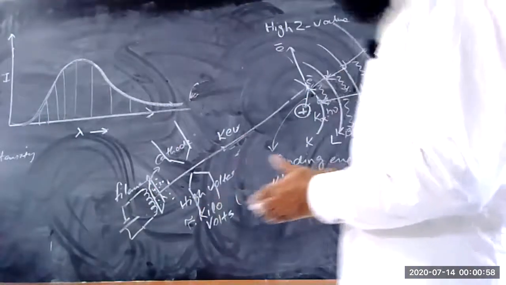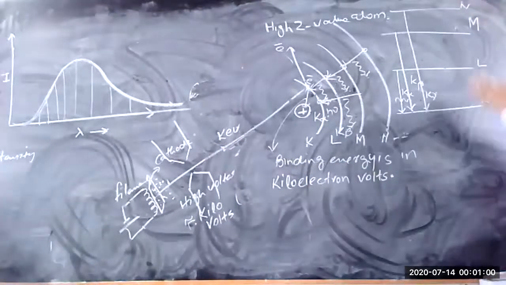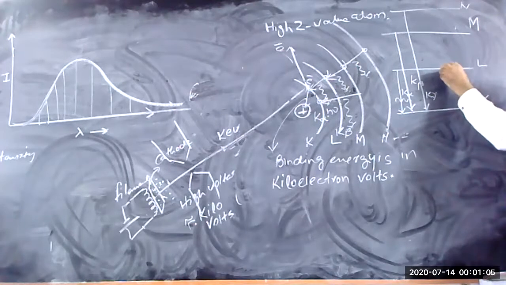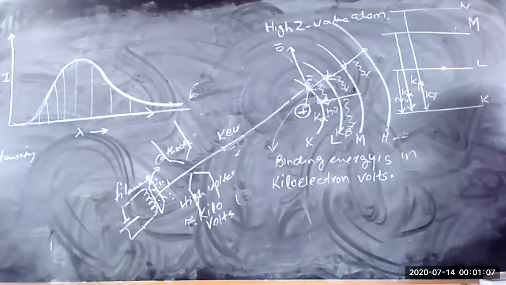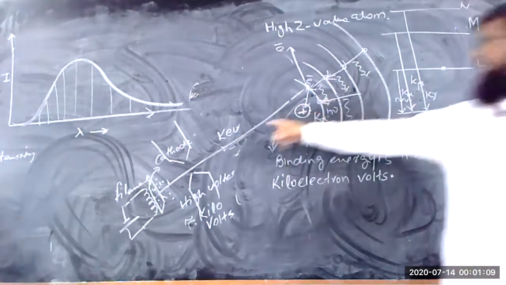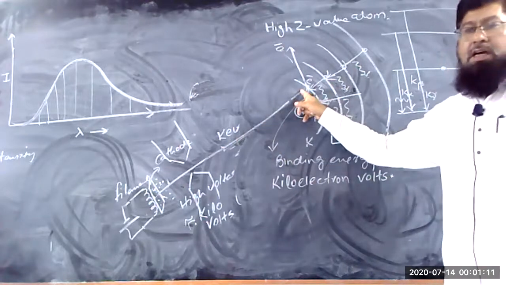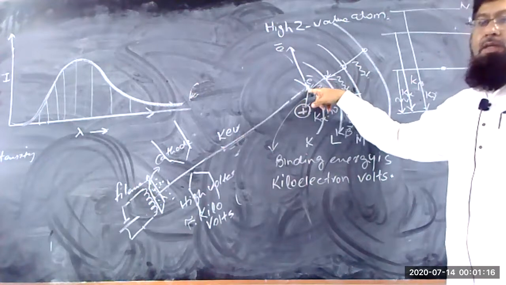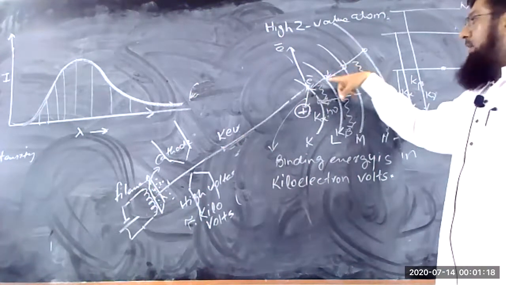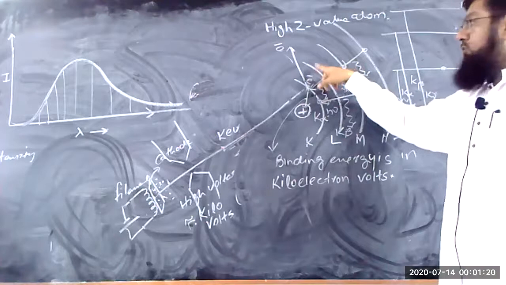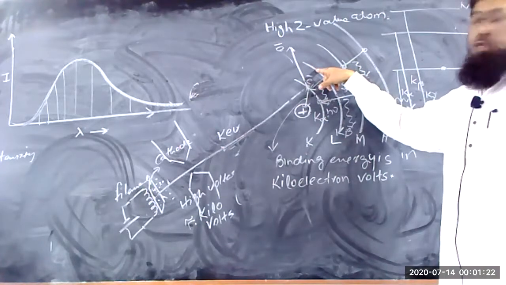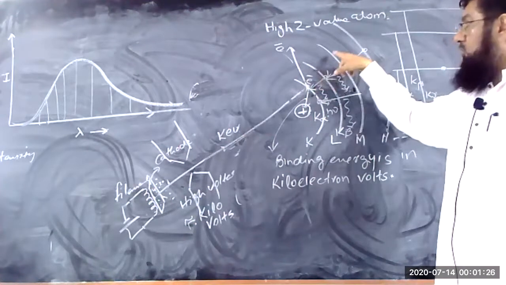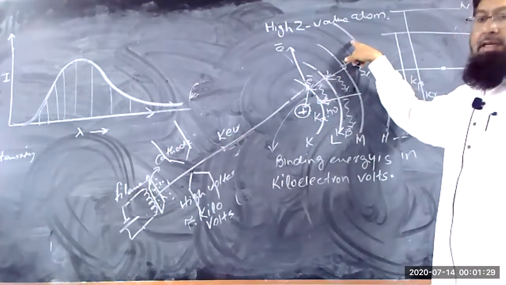Now, if the electron is emitted out from the L shell, it means the energy of the incoming electron is not high enough to emit the electron from the K shell, then there is a chance that the electron may be emitted out from the L shell. When the electron is emitted out from the L shell, the deficiency is to be filled by the next shell, and so on.